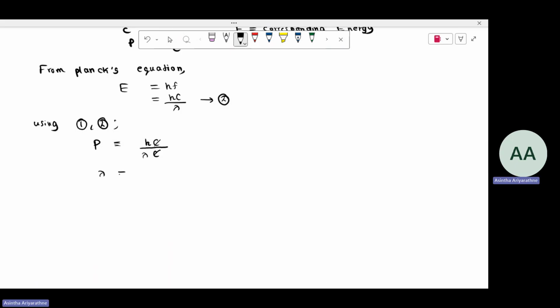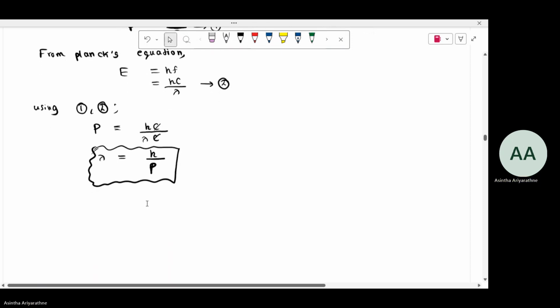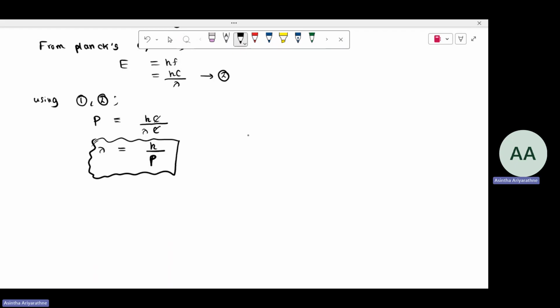We have lambda is equal to h over p. Here lambda is called the de Broglie wavelength.